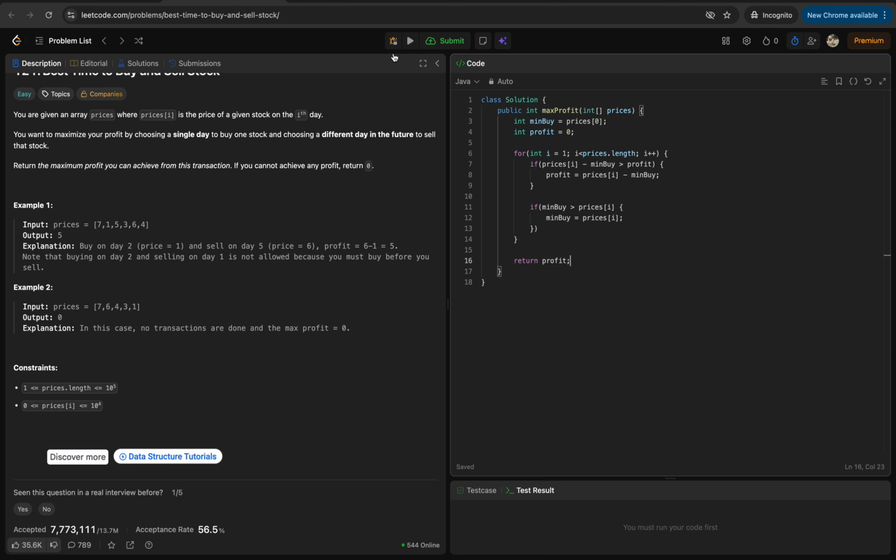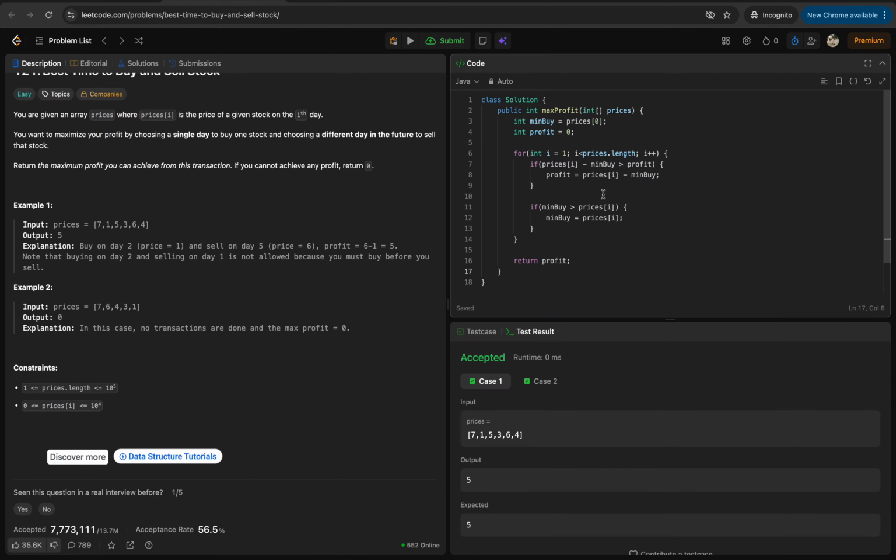Cool. We'll run this code. Bracket is missing. Oh, there is an extra bracket here. Cool. And in this case, the time complexity is order of n, space complexity is order of 1.